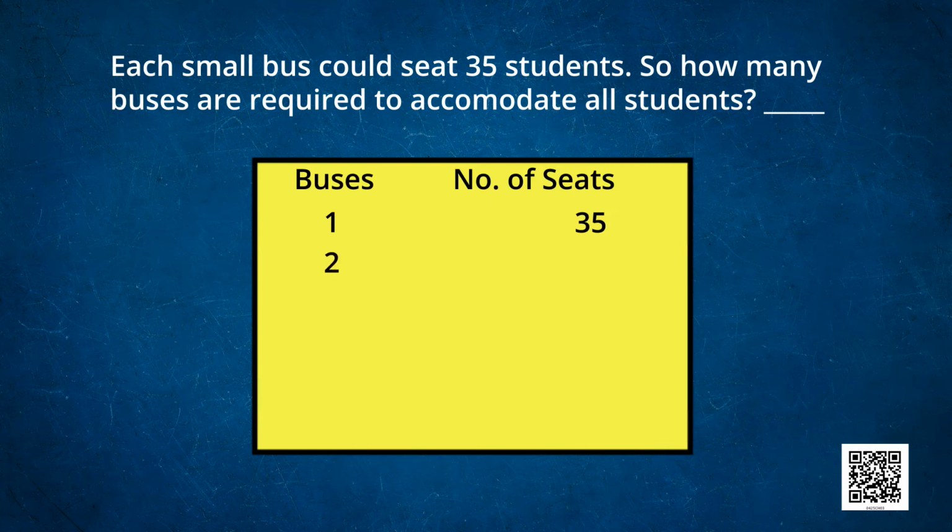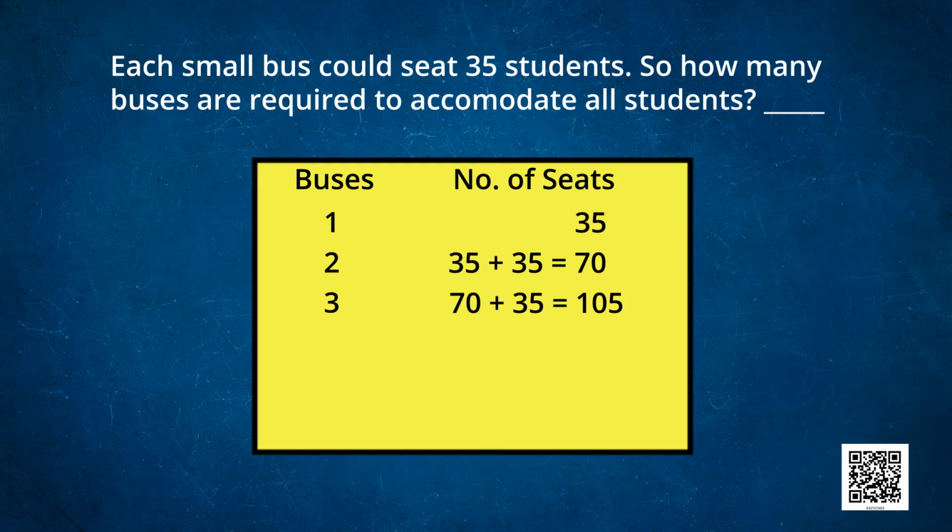If we add 35 to 35, we get 70. So that means 2 buses can seat 70 students. 3 buses can seat, we will add 35 to 70 and we will get 105.